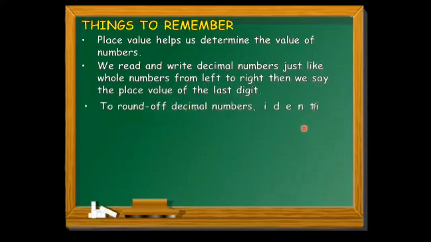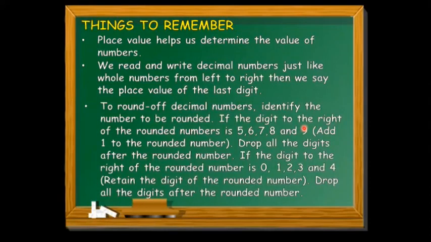Then we say the place value of the last digit. And then to round off the decimal numbers, identify the number to be rounded. If the digit to the right of the rounded number is 5, 6, 7, 8, and 9, or it's more than 5, add 1 to the rounded number. And then drop all the digits after the rounded number.